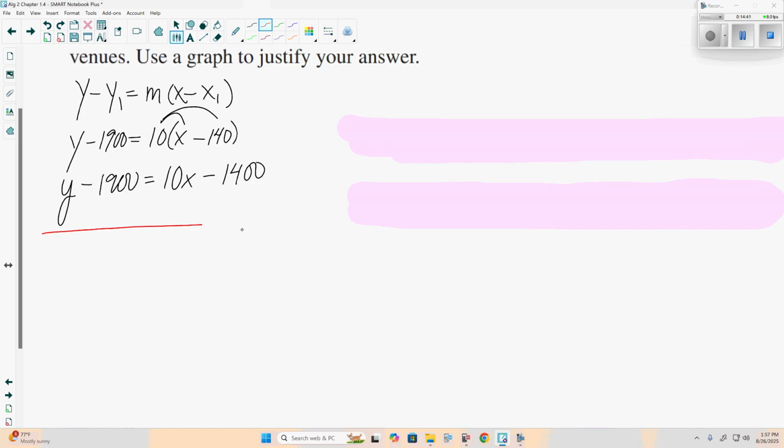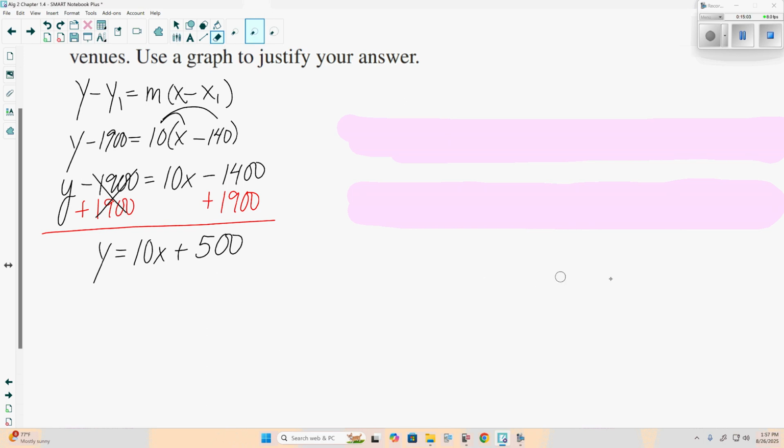At this point here, we need to add 1,900 to both sides. These here would cancel out, telling us that Y is equal to 10X plus, well, negative 1,400 plus 1,900 is 500. And that gives us our equation. One more time.